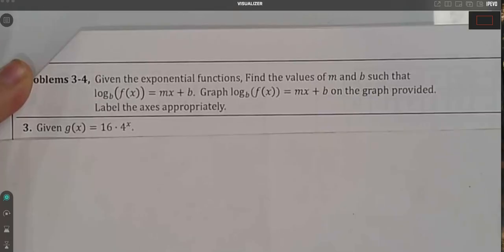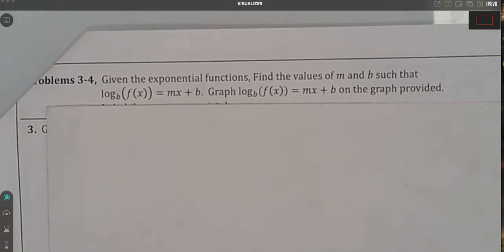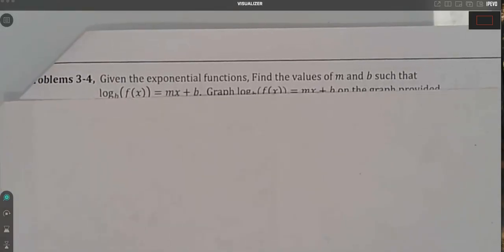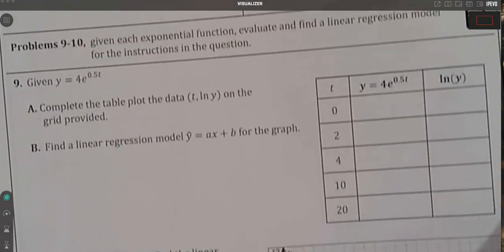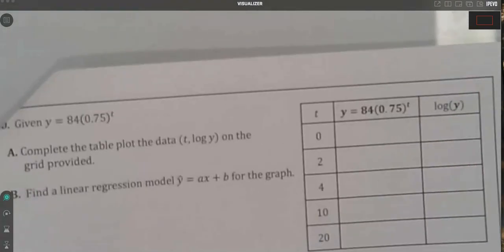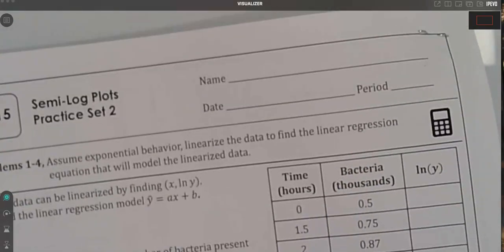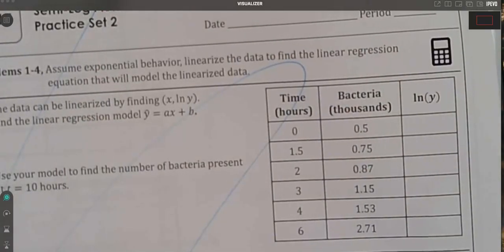There are 3, 4, 5 on this page. Or 3, 4, 5, 6, 7 and 8, 9, and 10. Please cross this out as well.